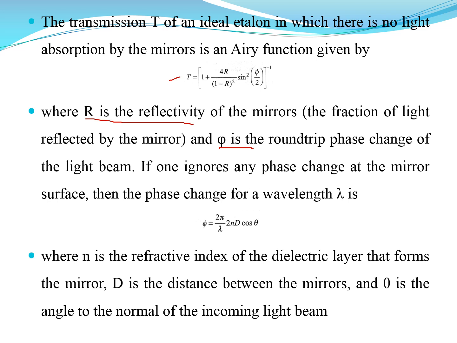If we ignore any other phase changes which occur, then the phase change for the wavelength lambda is given by this equation, where n is the refractive index of the dielectric material that forms the mirror, d is the distance between the mirrors, and theta is the angle with respect to the normal of the incoming light.